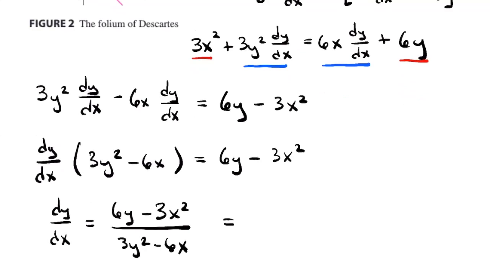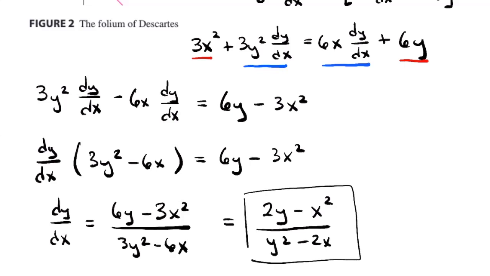We could write this as 2y minus x squared, all divided by y squared minus 2x, dividing out the common factor of 3. So here's my answer. The question was to find dy/dx for points on this folium of Descartes, and the slope at any point (x, y) is given by that rational function. And again, notice that it's in terms of both x and y.